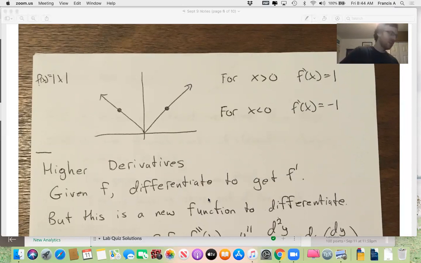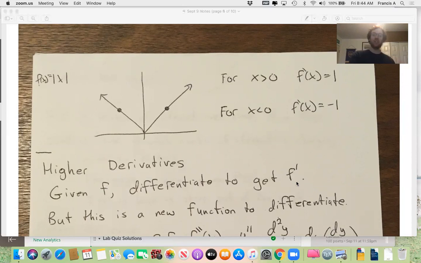But you can say, well, you start with f, you differentiate to get a new function f prime. Well, this is a new function. Its graph has tangent lines. What are the slopes of the tangent line of that thing?